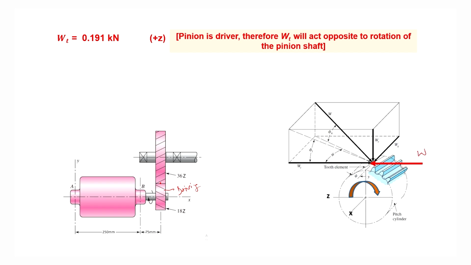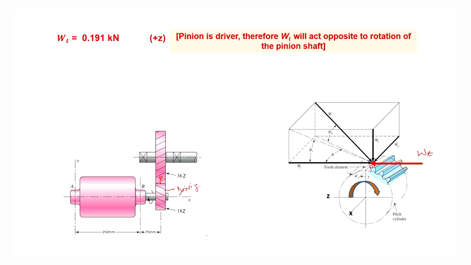This is the direction of Wt, and that is the direction of positive z. So, in the direction of positive z, the tangential force on the pinion will be acting at the pitch point P. If I say this a pitch point P, then at this pitch point P, the Wt is acting in the positive z direction.